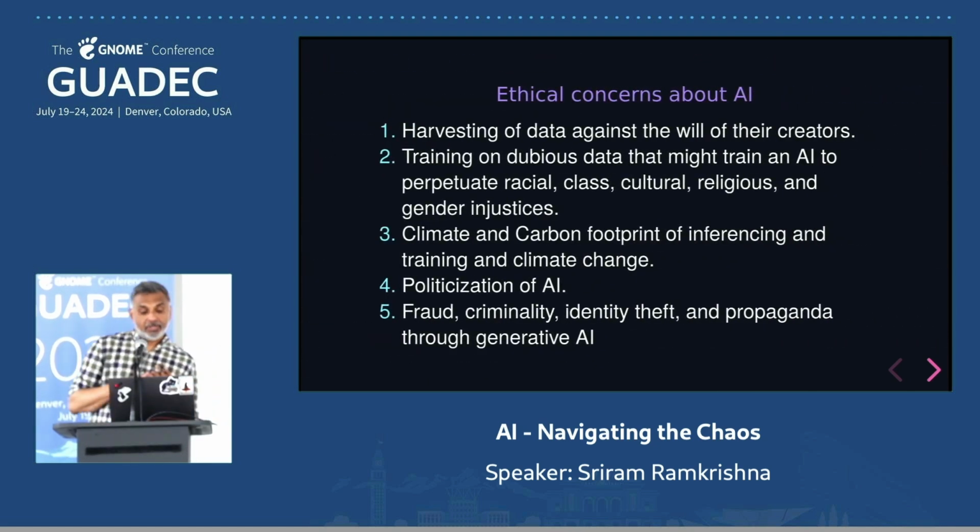Ethical concerns: harvesting the data against the will of the creators, training on dubious data that might perpetuate racial, class, cultural, religious, gender injustices, climate and carbon footprint, the politicization, fraud, criminality, identity theft, propaganda. The amount of turbulence that we're going to get through AI, we need policies and we need them now.